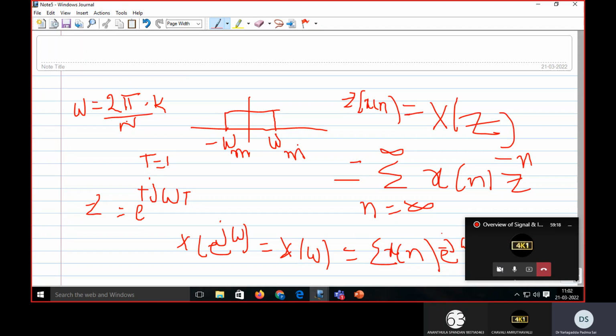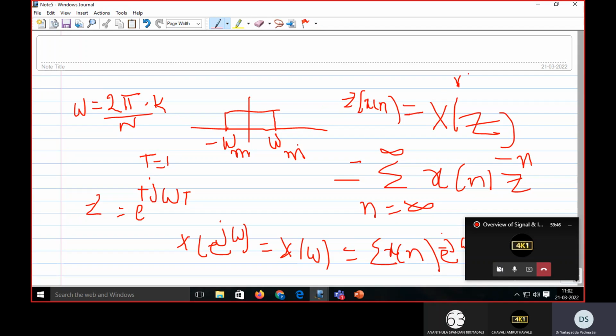Because of that, the same signal repeats after the period 2 pi, one of the properties you already proved. So we consider the period as 2 pi, and in discrete we consider the period as capital N. So 2 pi is divided by N, with k the number of samples in that interval.